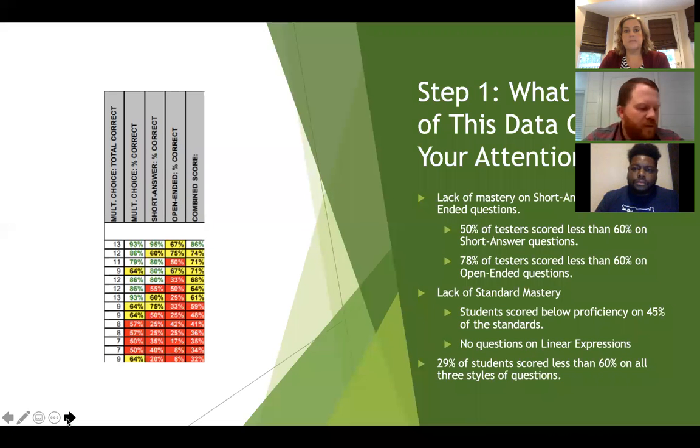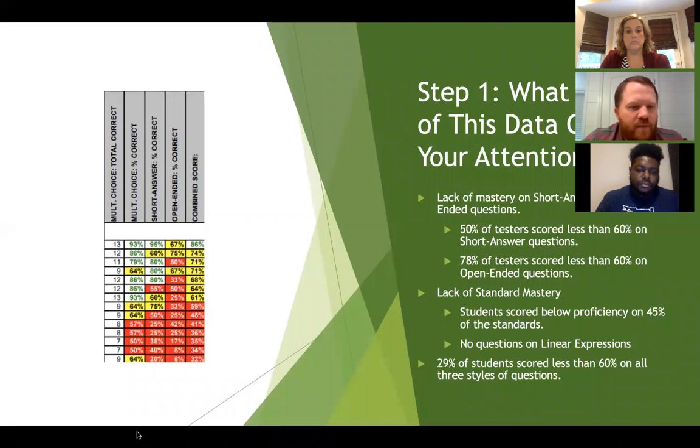So step one asks us, what parts of this data catch our attention. I've pulled a zoomed in screenshot here of some of the data. The short answer and open-ended questions, which are in the third and fourth columns there, you see that there's such a large number of students who didn't master those.